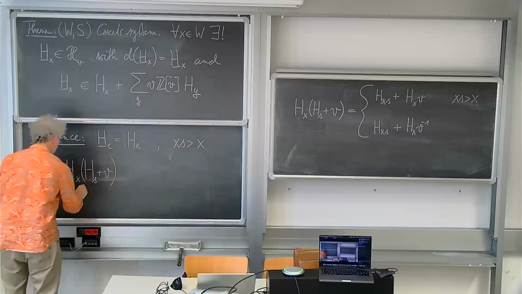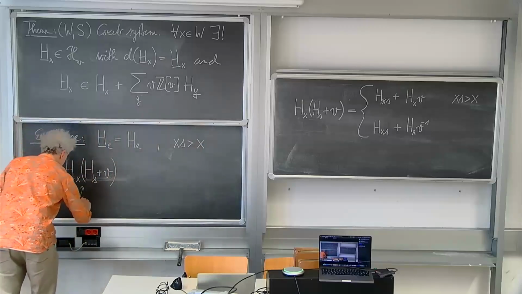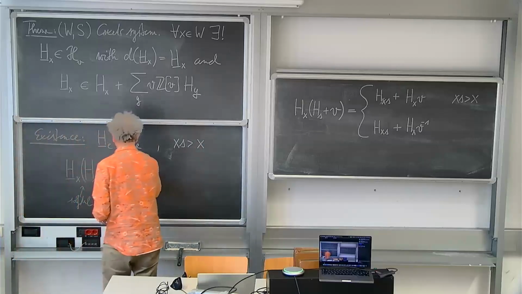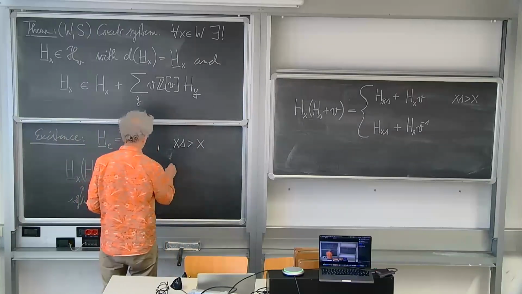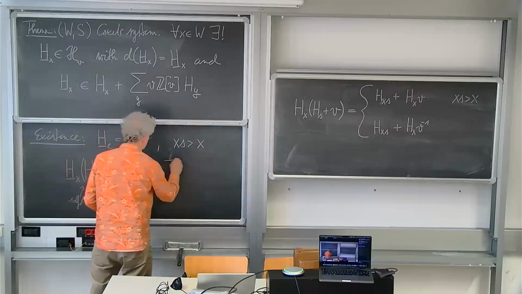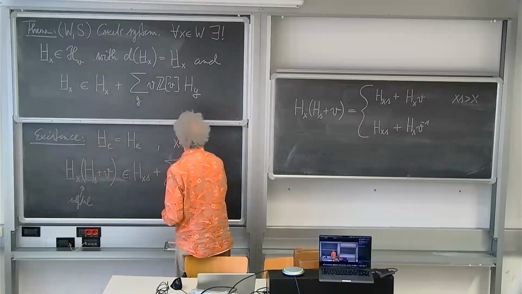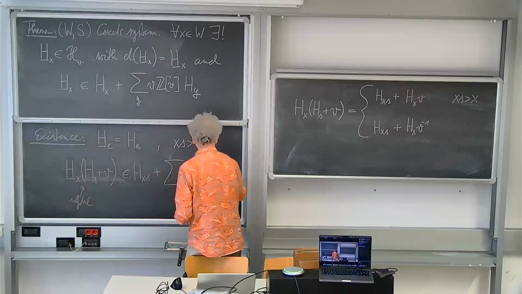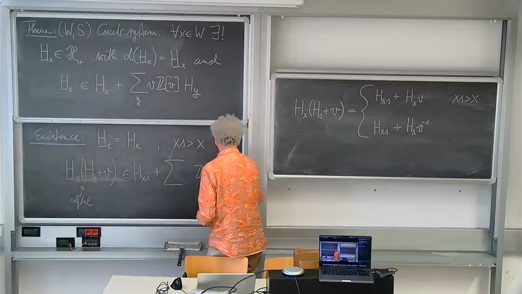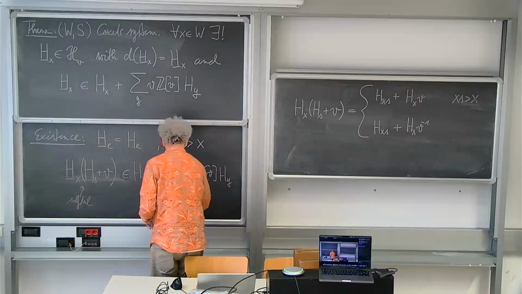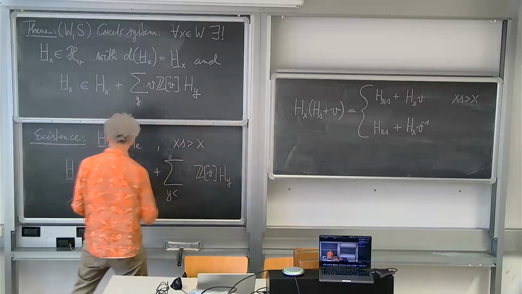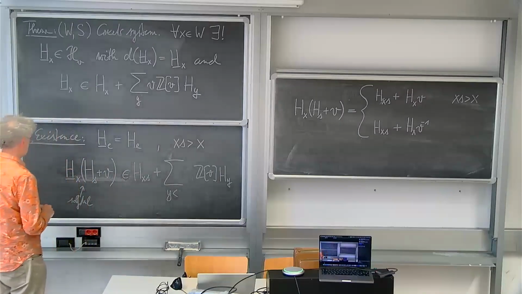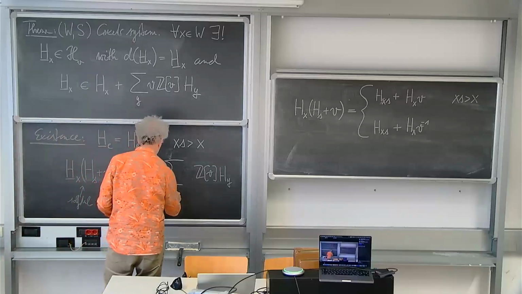So this will be self-dual, and it will be of the form h_{xs} plus a sum of v Z[v] h_y, where y is smaller or equal than x.